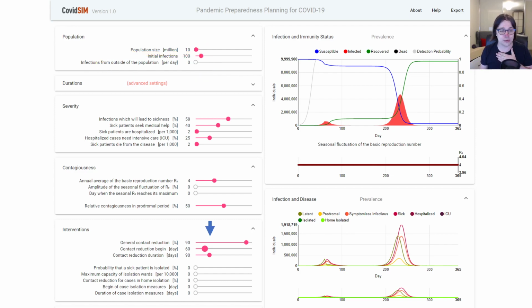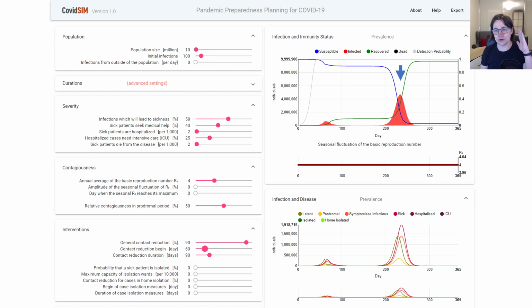And then what we do is we set the general contact reduction to 90%, exactly what we did in the last simulation. We set the intervention start to day 60, and we set the contact reduction duration to 90 days. The same thing. And what happens is you get the infection coming back again.